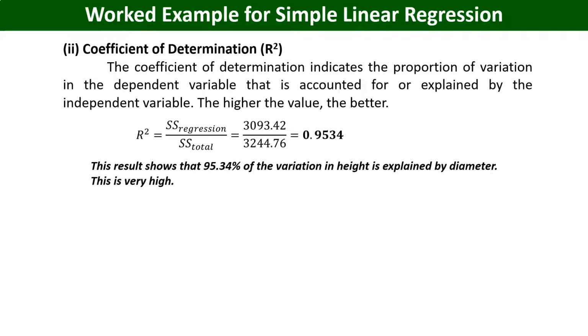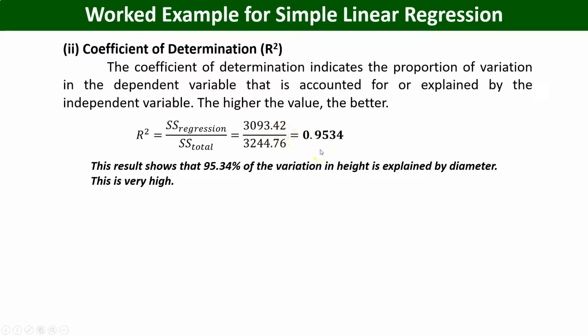So the formula for R square is as shown on the screen. R square is SS regression all over SS total. So from our ANOVA table, we already have the SS for regression and total.